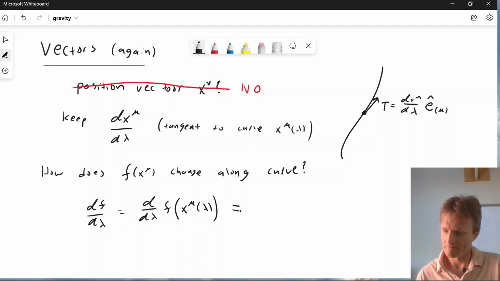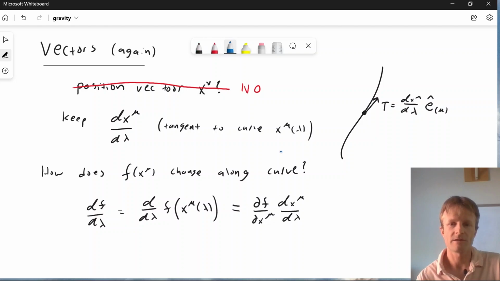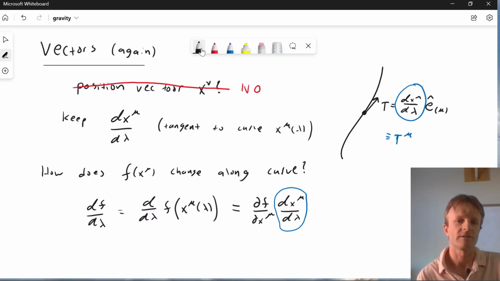Now we can use the chain rule. So this is going to be partial f, partial x mu, dx mu, d lambda. And you can see now that the thing that was the components of the tangent vector in special relativity has appeared. We would really like to call this blue thing t mu, the components of the tangent vector.